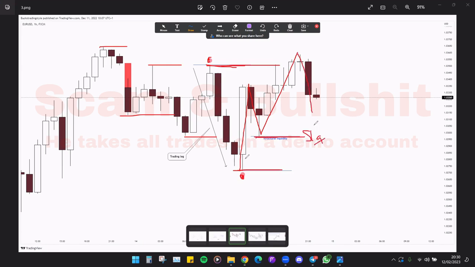And we want to see price take out the low, mitigate this POI, and then go back up. You understand this? Yes.